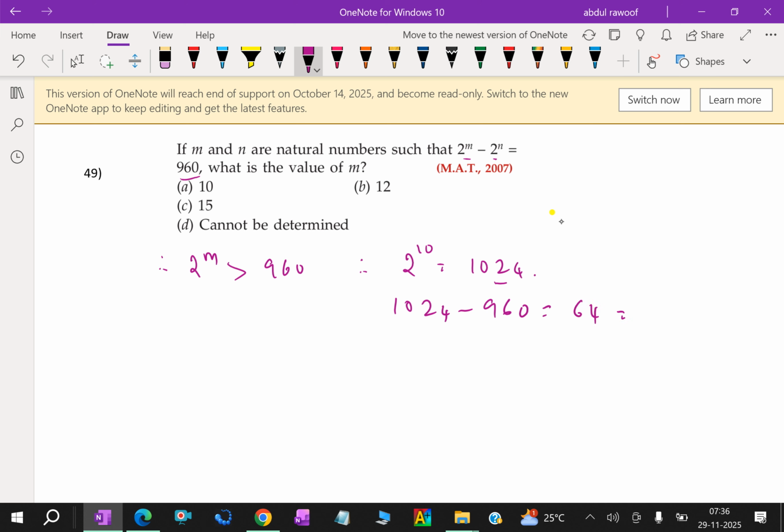This 64 must be 2 power n, and 2 power n is 2 power 6. Therefore, m equals 10 and n equals 6. So they are asking about the value of m, which is 10. Option A.